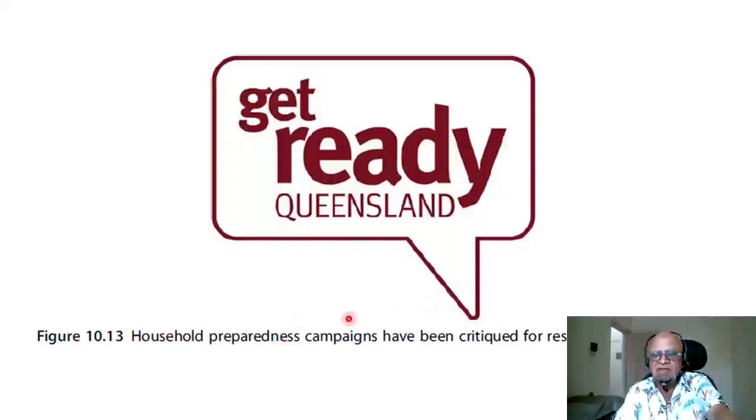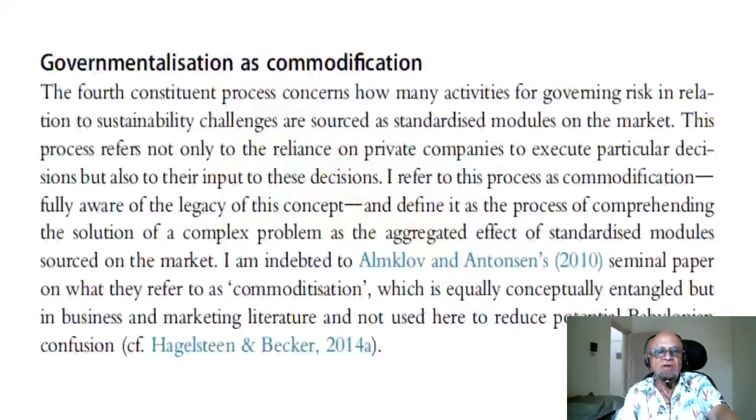Household preparedness campaigns have been critiqued for responsibilizing citizens. So ultimately all citizens have to feel as if they are part of the problem as well as the solution. So they have a responsibility to solve this problem that we have collectively created, even though the emissions over time have mostly been due to rich countries, but now even India and China are big emitters, and everybody is getting there with improving standards of living and so on, right?